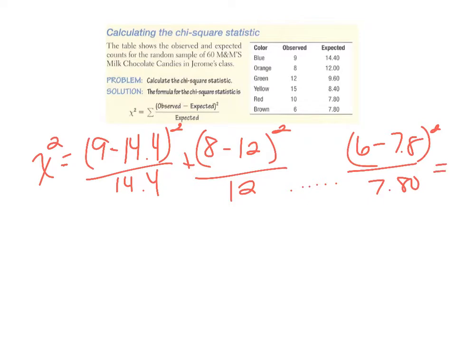But I don't have to write every single one of those categories. I can start and I can go ahead and finish. And so my chi-square value is going to be the sum of all of those, which when I do all my subtraction and squaring and dividing, I end up with a sum of 10.18. And this is my chi-square statistic.